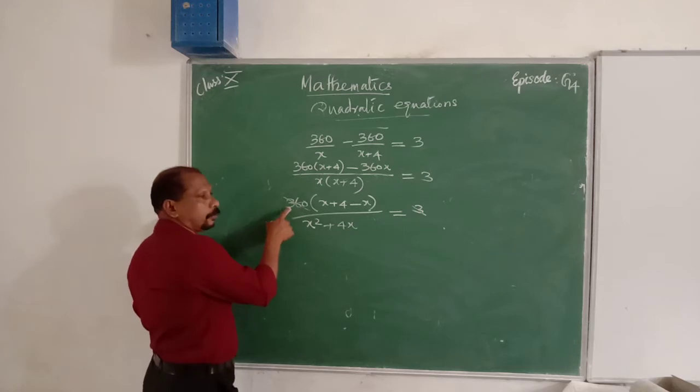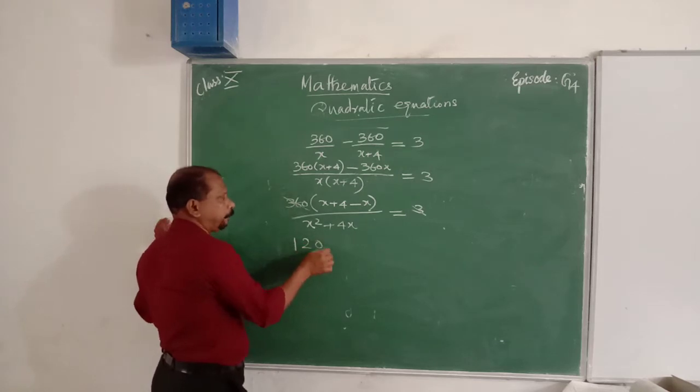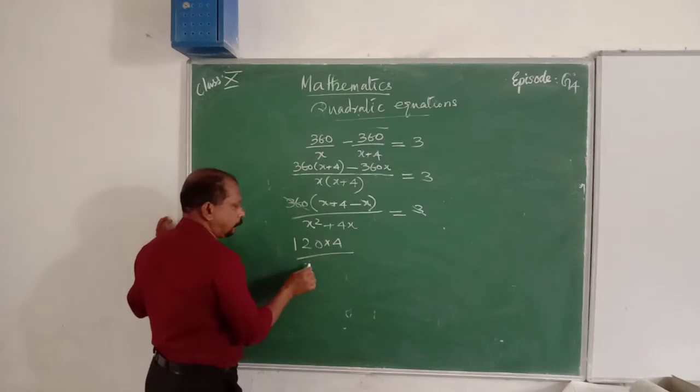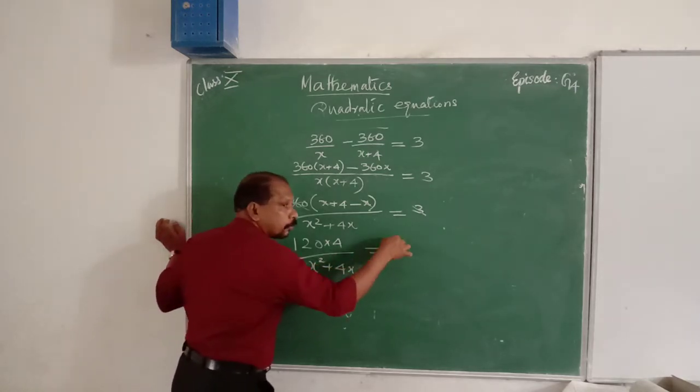3 by 3 is 1. 360 by 3 is equal to 120. x cancels, so 120 into 4 divided by x square plus 4x is equal to 1.